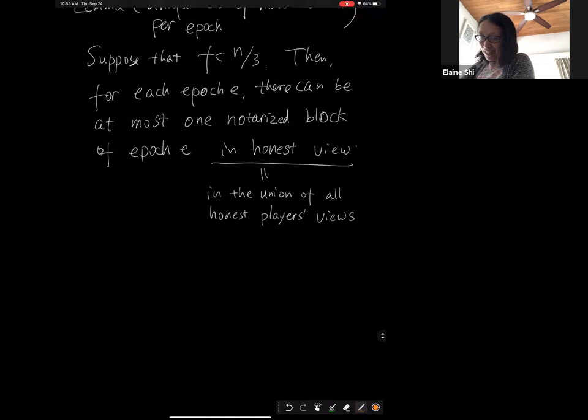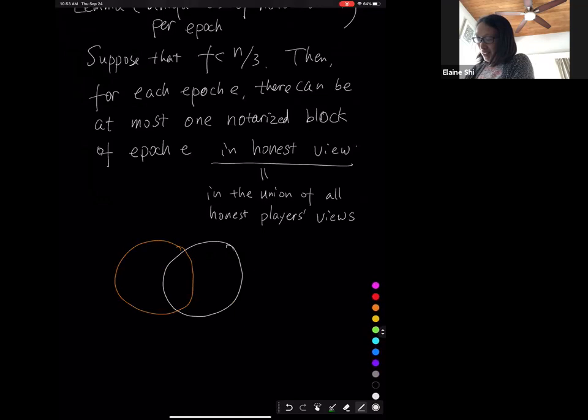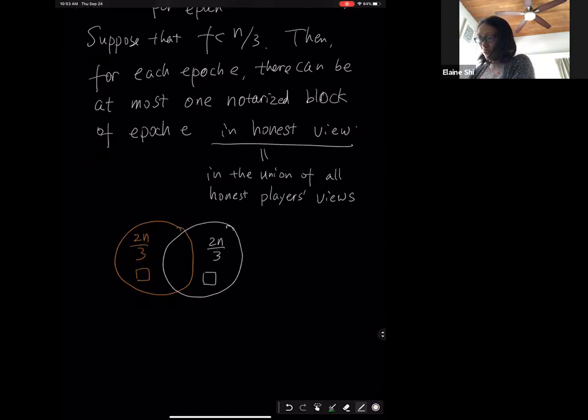So imagine for some epoch, I will just draw it now. Previously I wrote down the proof, but let me just draw it now. Let's say 2 blocks both got notarized. It means 2/3 of the people voted for the orange block, and 2/3 of the people voted for the white block.